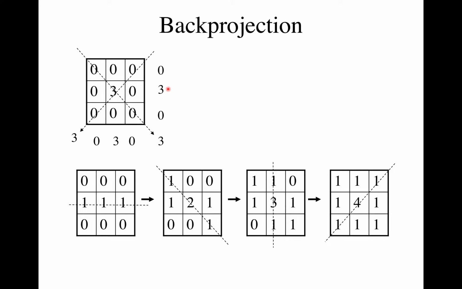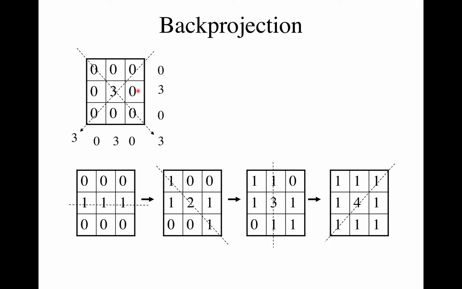So what I can do with these projections is just assume initially that if I have a 0, a 3, and a 0 here, I don't really know, given the projection data, what the distribution of values is across this row, but all I know is its sum comes to 3.